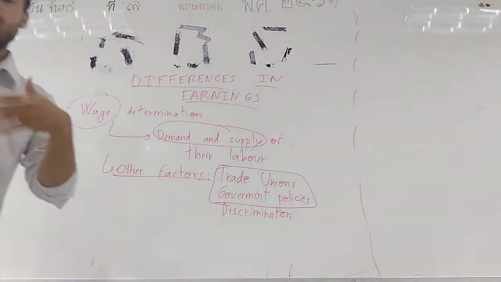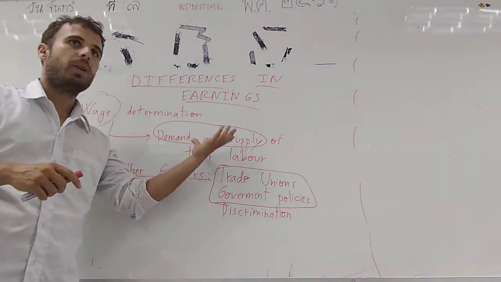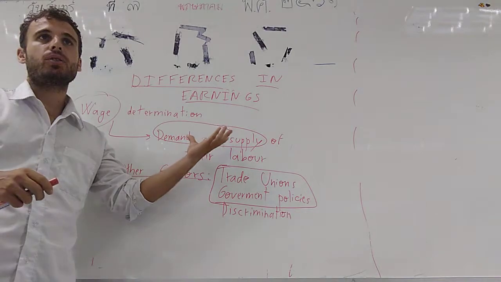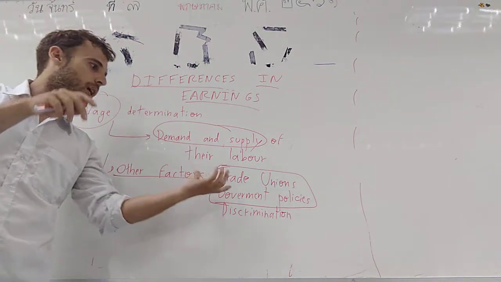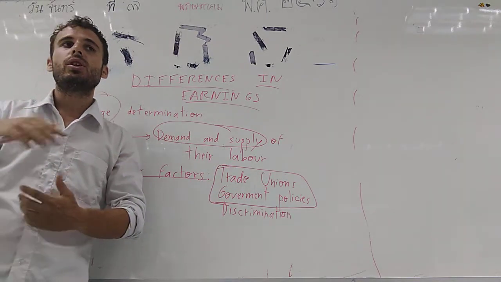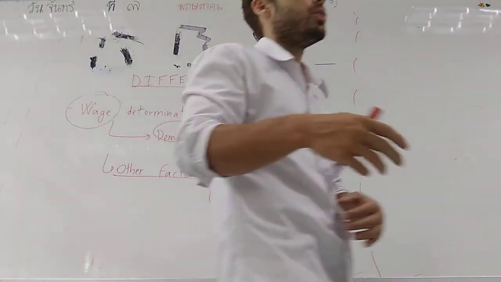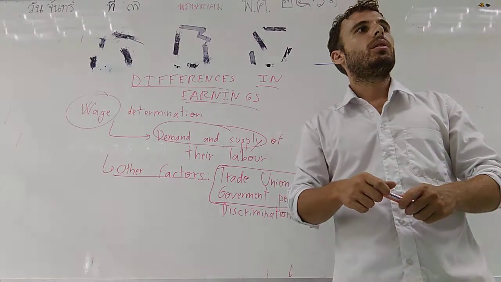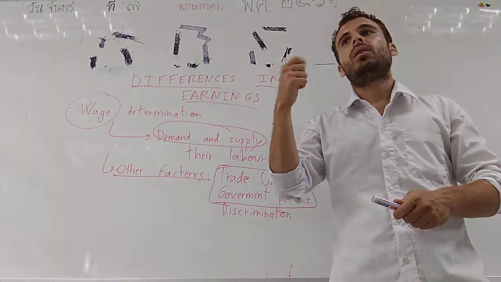So even if it's true, or while it's true, that demand and supply mostly is going to determine what your salary will be, you can put in place, by government or by trade unions, certain measures to avoid blackmail situations or inequality situations in the job market, where the entrepreneurs take advantage of the workers.